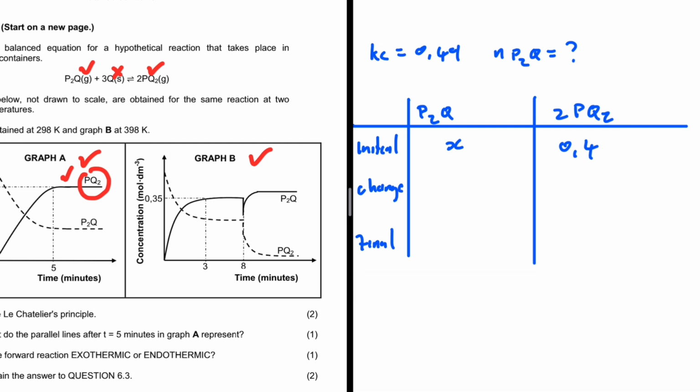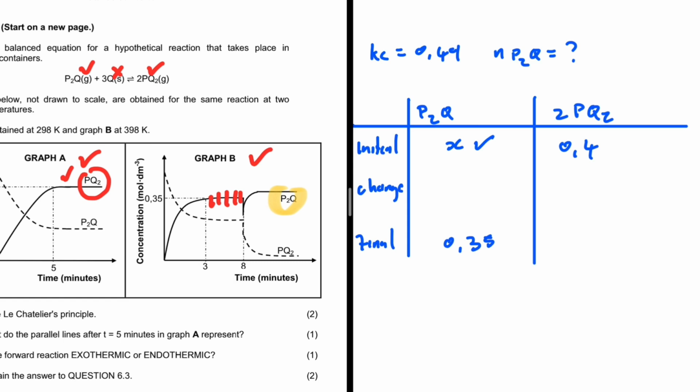Okay, so let's check P2Q. P2Q, we had X initially, and now at equilibrium here at 398 kelvins, we have 0.35. That is with regards to P2Q. Let's check PQ2.